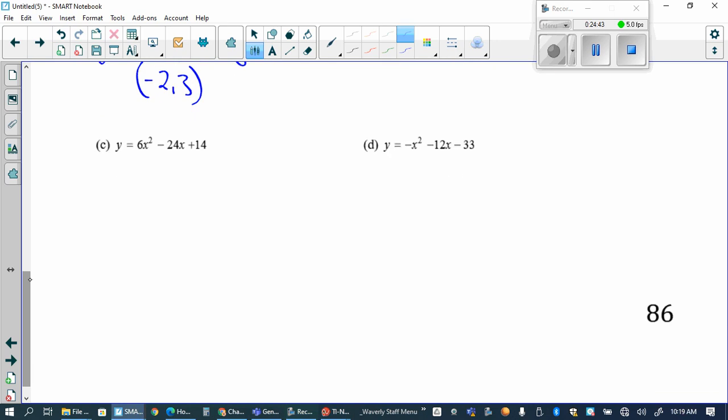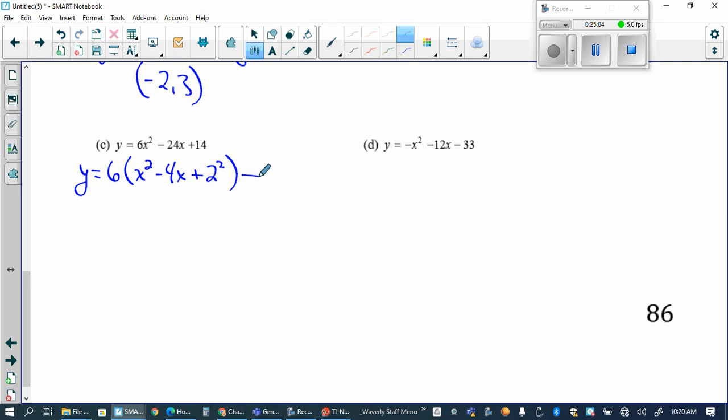What are we going to factor out of these first 2 terms to get a 1x squared? 6. What's that leave us? X squared minus 4x. What are we going to add? 2 squared.